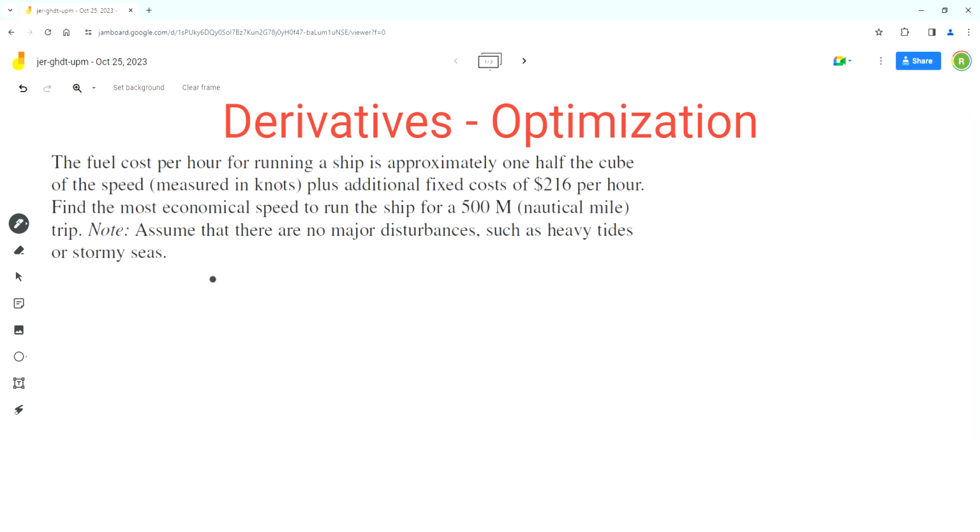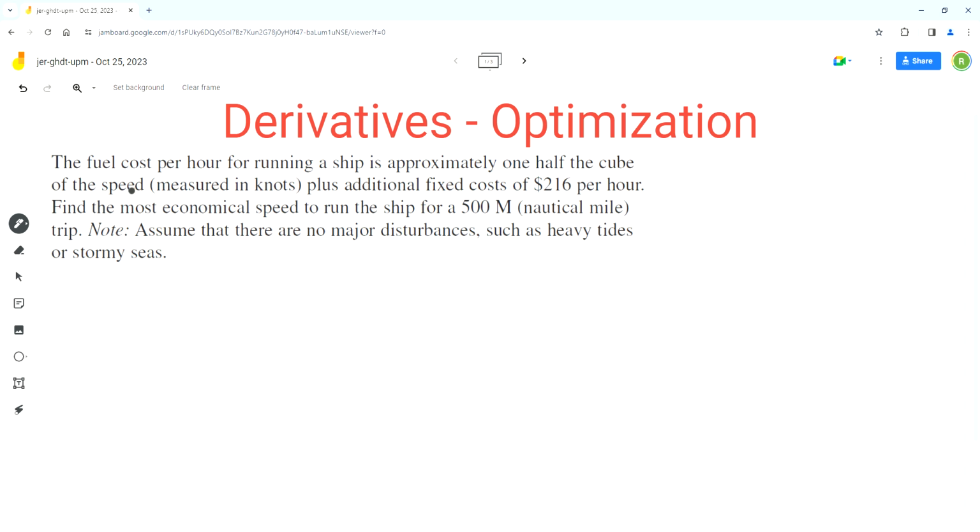So we have to find the cheapest way for the ship to do this 500 nautical mile trip, and we have to find the speed at which the ship can do that trip in the cheapest possible way.